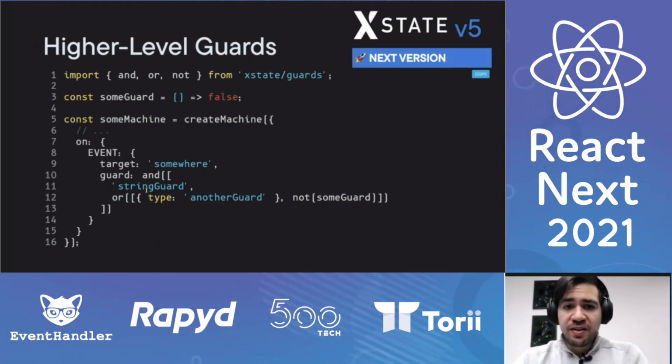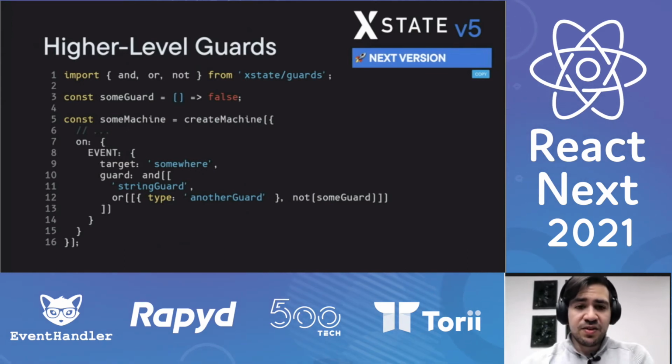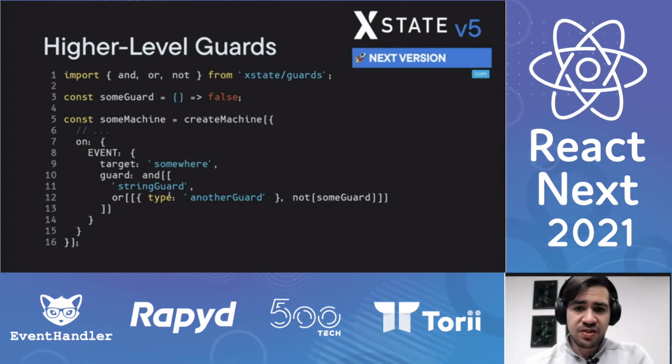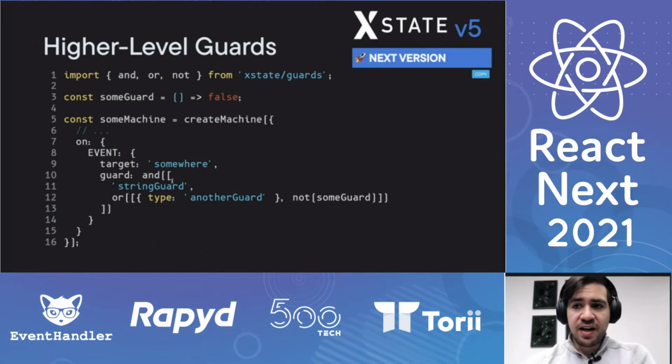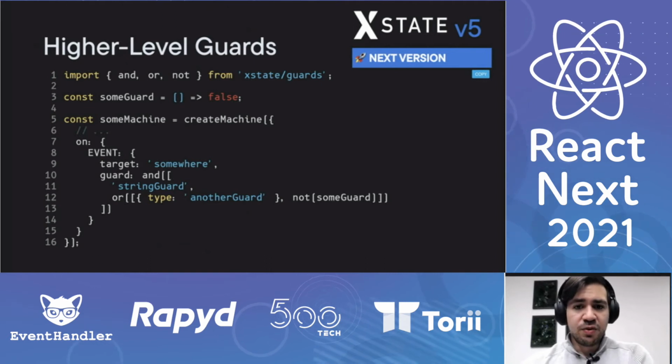So there's also higher level guards, which has been something that's been asked for a lot. And so now you could have things like and, or, and not from XState guards, and be able to create complex representations of guards. And I know you might be saying, okay, why can't I just use normal JavaScript for this?